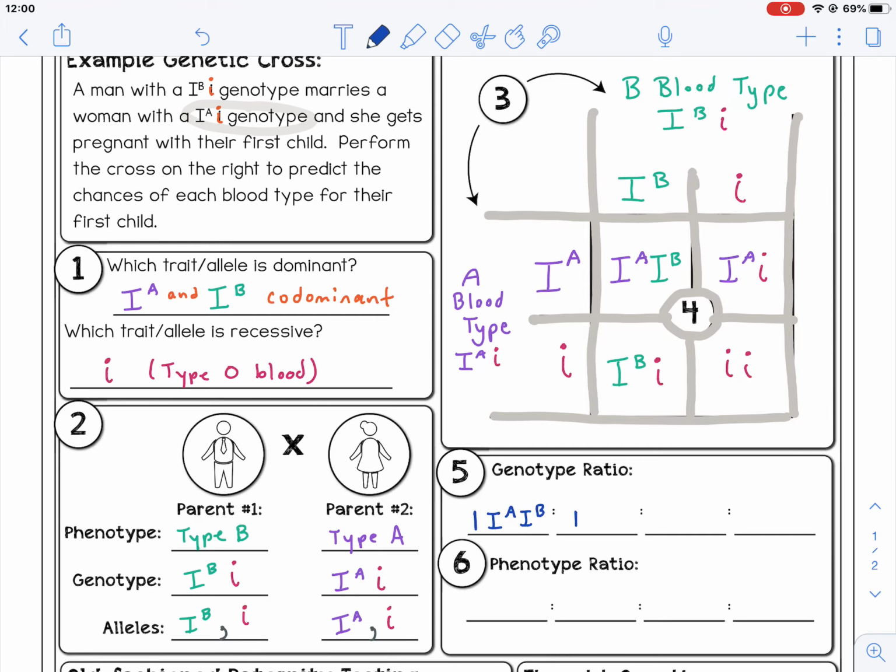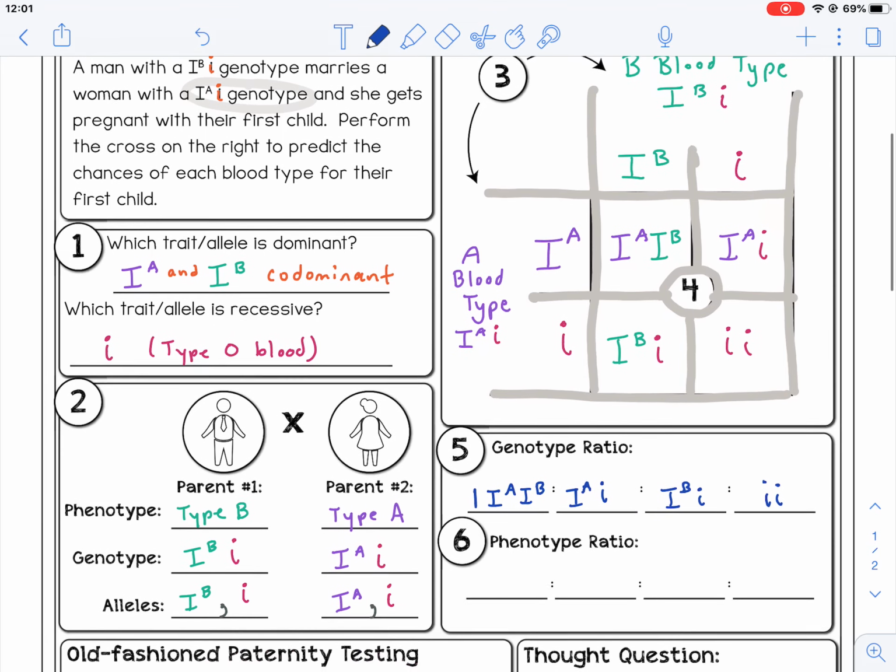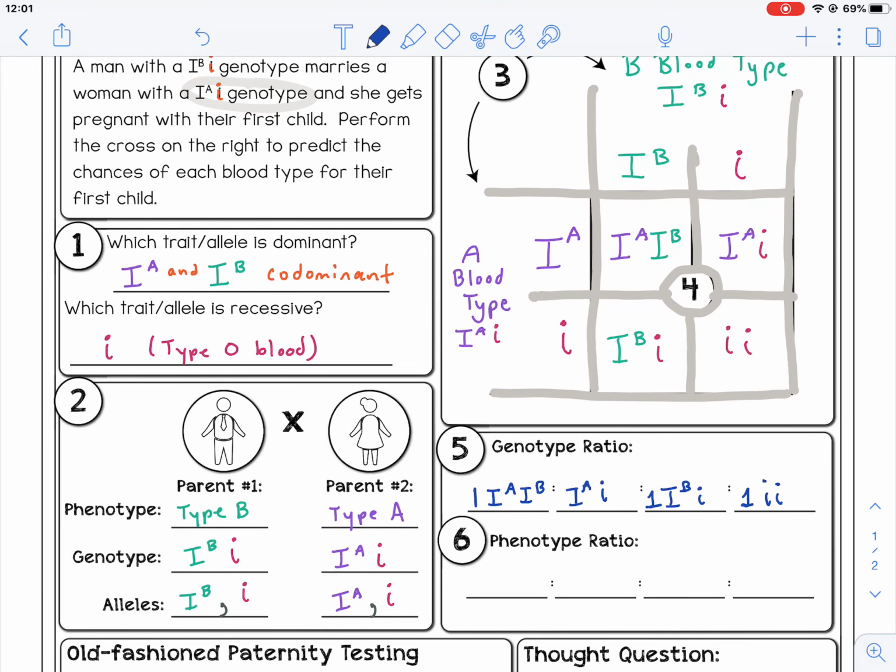We have one case of IA little i. We have one case of IB little i. And we have one case of little i little i. And then we just have to figure out what those are. Make sure you have your ones there. There's one of each. That's the ratio. That's how they pair out.